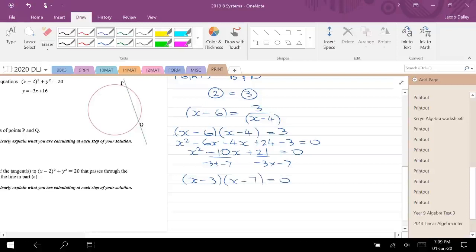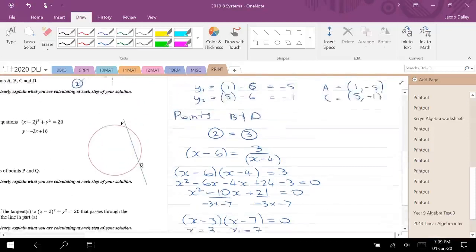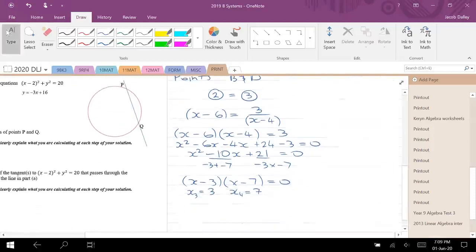So slightly different from x minus 4 and x minus 6. And that'll give us our other two solutions, x3 equals 3 and x4 equals 7. Alright, so those are our x values for B and D.